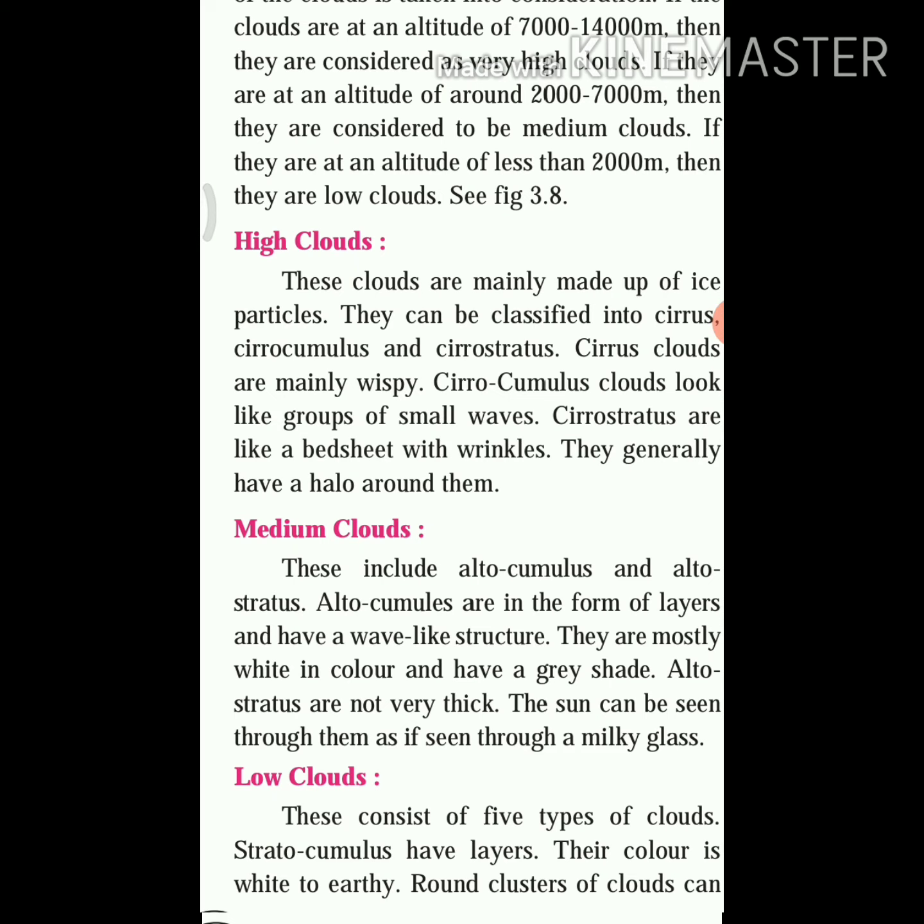According to international classification, clouds are classified into the following types. Okay, now here are the three types of clouds: high clouds, medium clouds, and low clouds. They have their subtypes. We will see in the chart.